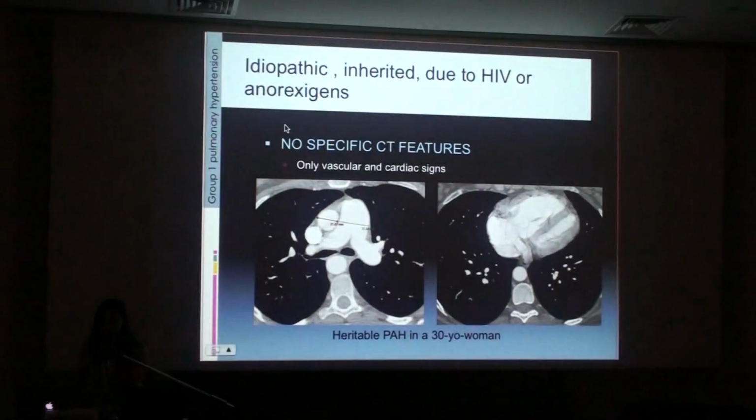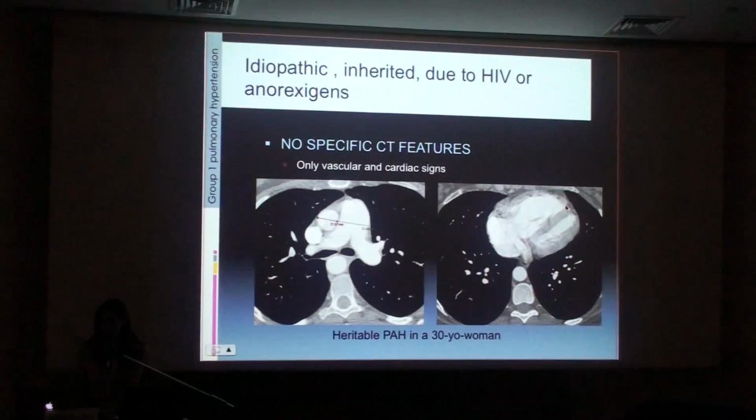You can see that in group 1 of pulmonary hypertension, that is to say idiopathic, inherited, due to HIV or anorexigens, there are no specific CT features. There are only vascular and cardiac signs, that is to say the enlargement of the main pulmonary artery greater than 29 millimeters, and bigger than the diameter of the ascending aorta.